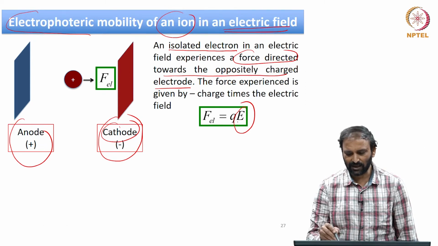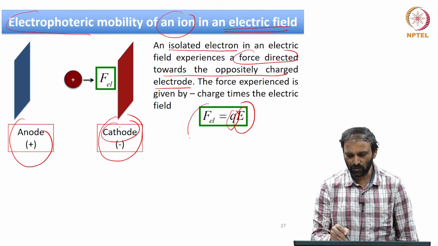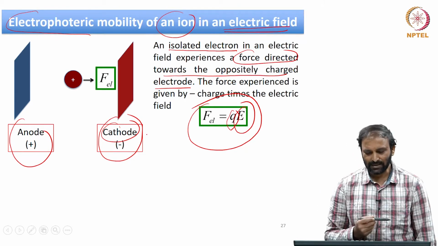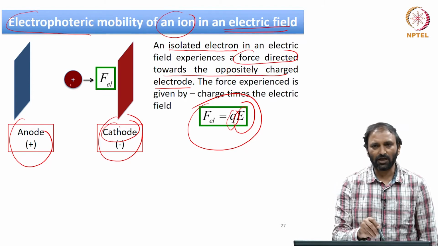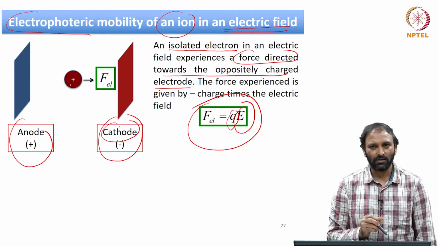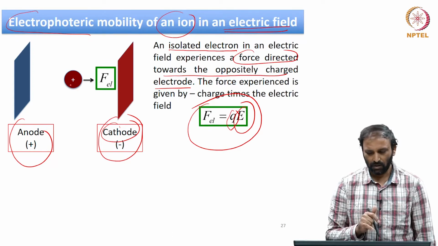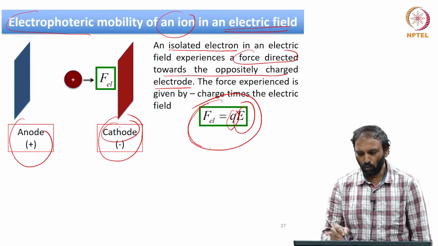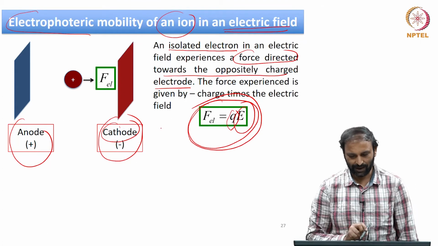The strength of the electric field times Q, the charge of the isolated ion, gives you the force that the isolated ion is experiencing. Initially the ion could be stationary or it could be moving about because of Brownian motion. However, once the external field is applied, it will move with this force towards the oppositely charged electrode.